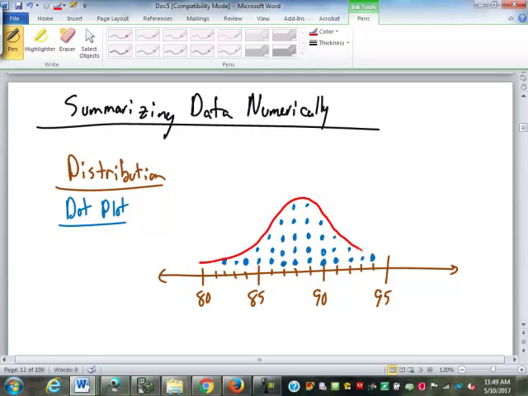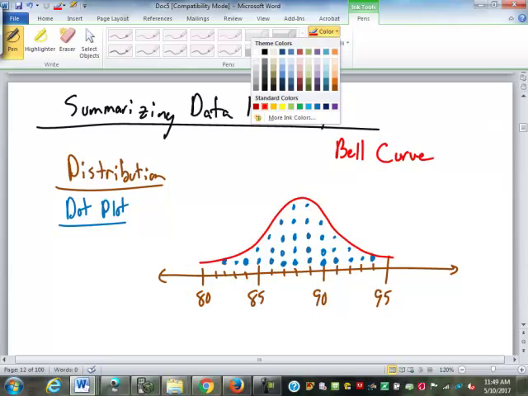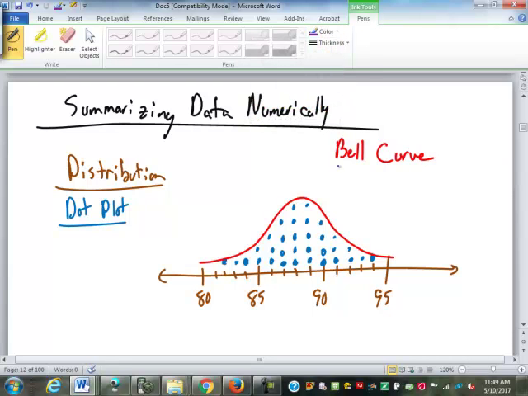Tracing out the top of those dots, I get a curve like that. Many of you have probably heard of the bell curve. If you talk about curving grades on a test, this is what they're talking about. The statistical name for this is the normal curve.